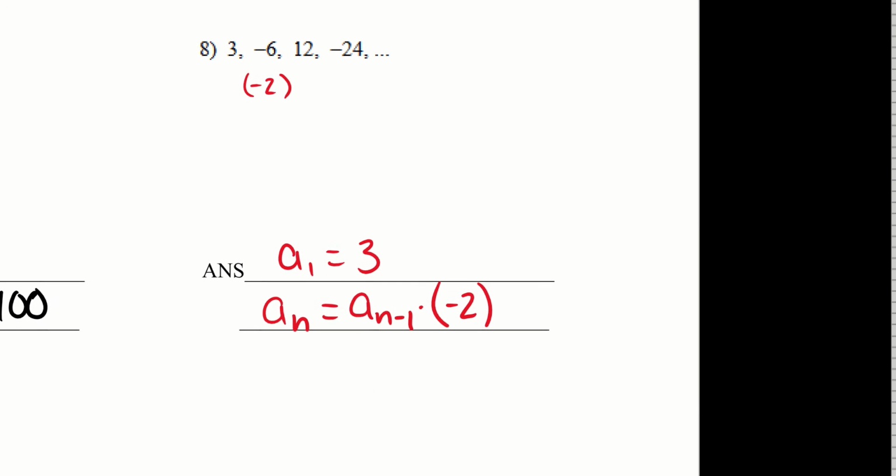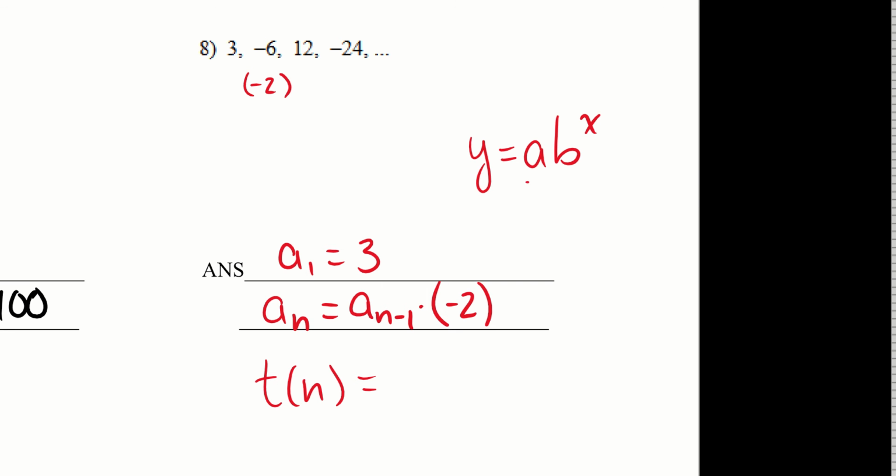Now, it's a nice time to review this, and we should look at this real quickly. What if you were asked to come up with the explicit rule for these? Well, in this case, the explicit rule is in this pattern, y equals a b to the x, but I could use different notation. I can use t of n. I can say t of n is equal to, now I need the 0th term, that's what a is.